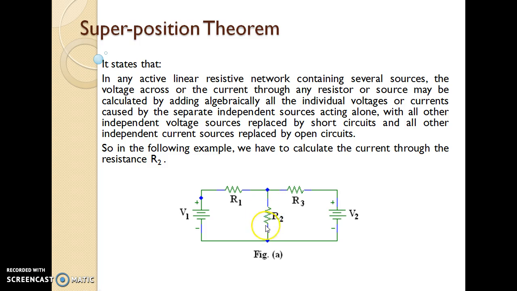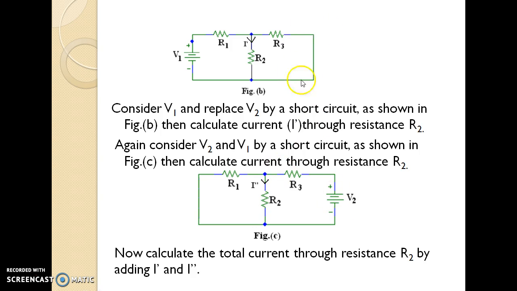To calculate it, we first assume that one independent voltage source is acting and the other independent voltage source is replaced by a short circuit, or by its internal resistance. If it is an ideal voltage source, then the internal resistance will be 0, so it is replaced by a short circuit. The next figure shows V1 acting on the circuit and V2 replaced by a short circuit.